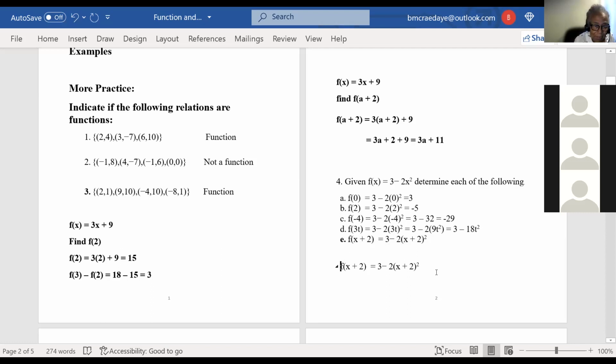What's x plus 2 times x plus 2? There's a mnemonic for multiplying this. What's the mnemonic? There's a mnemonic you use for squaring of an expression.